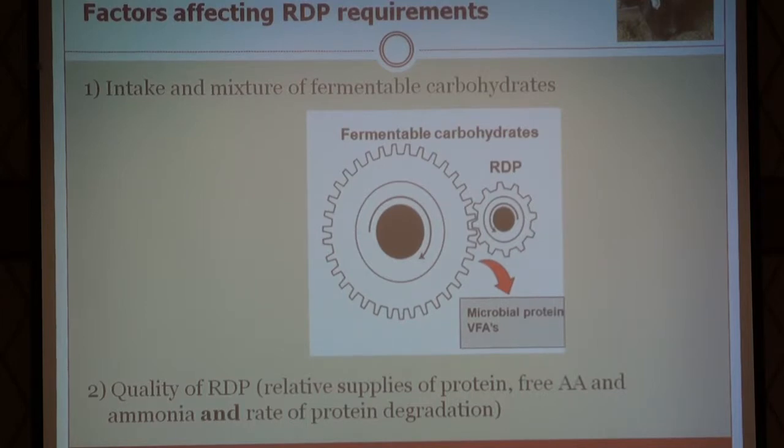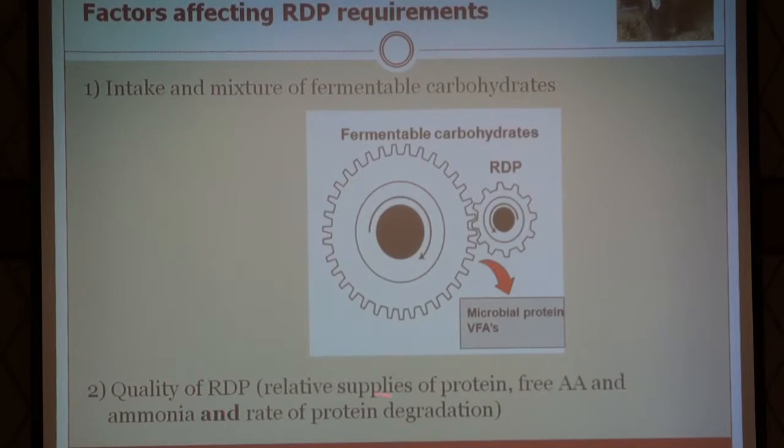Protein. Their bodies, lean and mean bacteria, contain 60% protein. They need RDP. So how much RDP is in the diet is a function of how much fermentable carbohydrate is in there. It has nothing to do with the cow. Think about the need for RDP as a function of what the diet is.